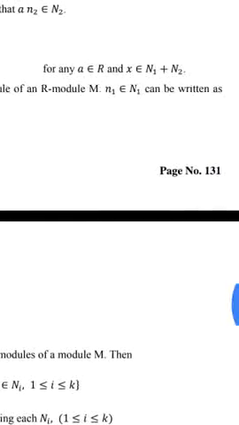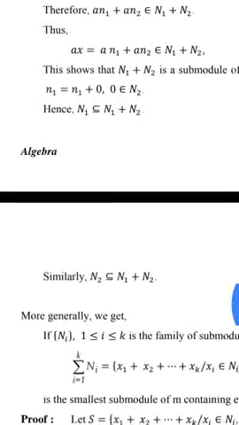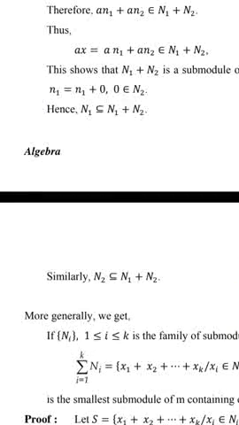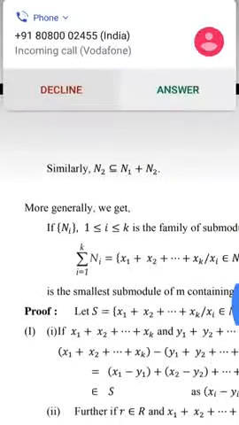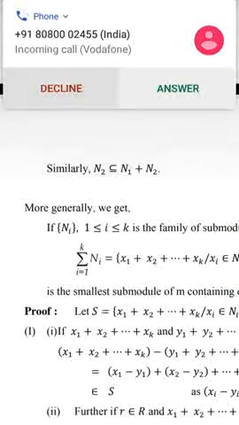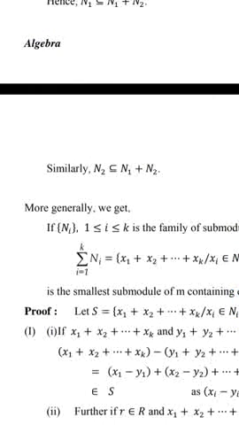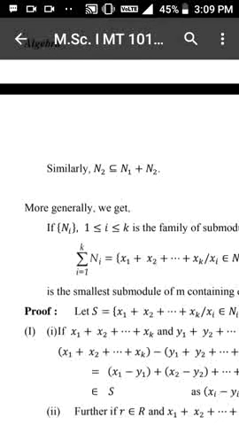N1 belonging to N1 can be written as n1 equal to n1 plus 0, where 0 belongs to N2. Hence, N1 is a subset of N1 plus N2, and similarly, N2 is a subset of N1 plus N2.